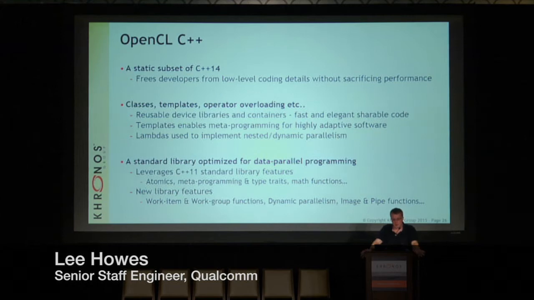So atomics in the C++ style, allowing you to use metaprogramming and type traits and so on. So we also have the new library features, which we had in 2.0 as well, but now integrated into the C++ style, so it's a much cleaner way of doing things.